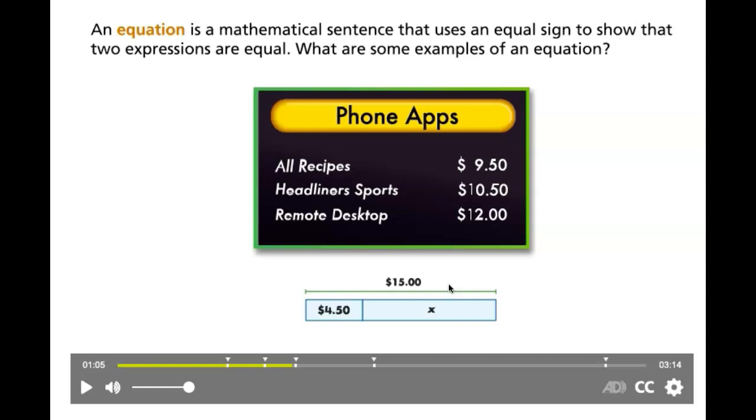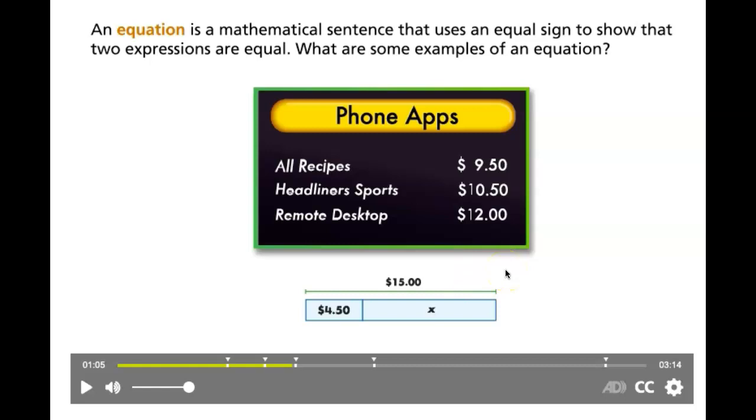Selena? You could say $15 equals $4.50 plus $10.50. You could do that too. Next, who's that? Urain, give me an example. It doesn't need to be from the phone apps.